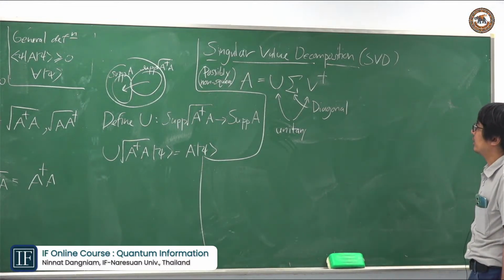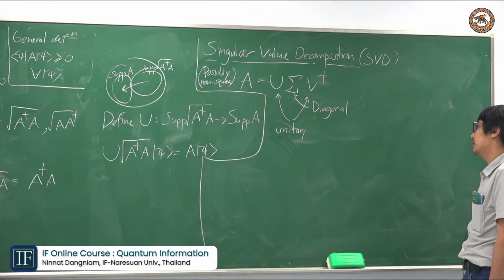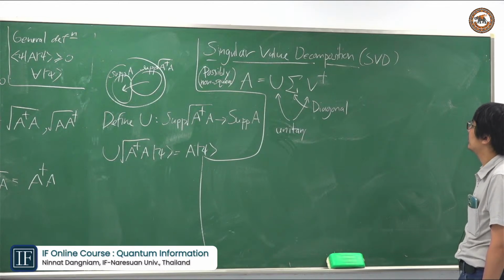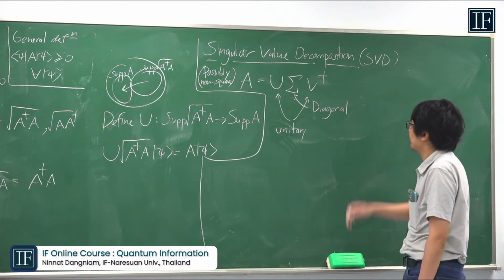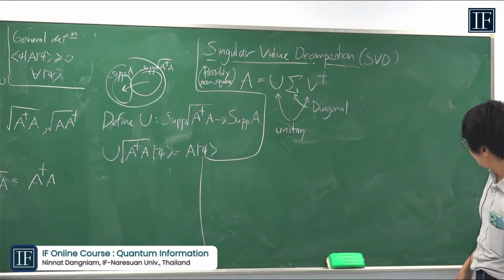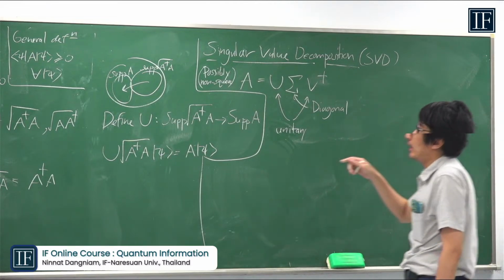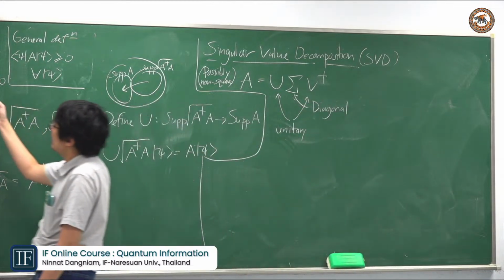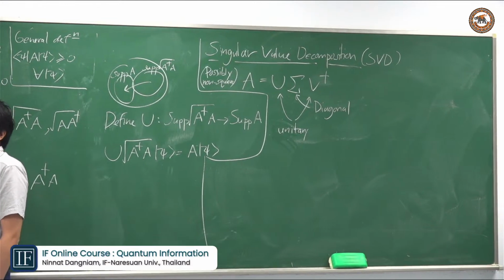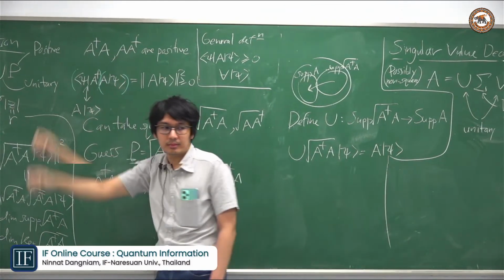So here, how are we going to prove this? Well, I don't know if I like sigma as diagonal or not. Maybe I want D. But never mind. This also takes advantage of the fact that both A dagger A and A A dagger are positive, and in particular Hermitian, so you can diagonalize both of them.